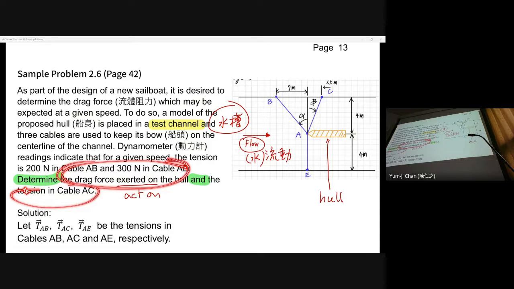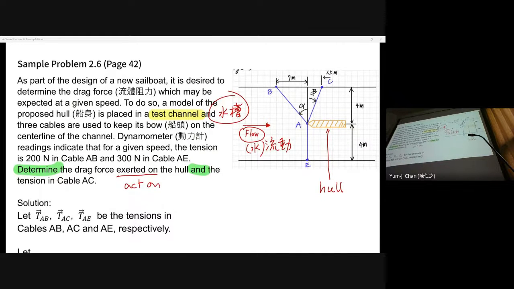Okay. So now, because it is in equilibrium, we need to draw a free-body diagram.